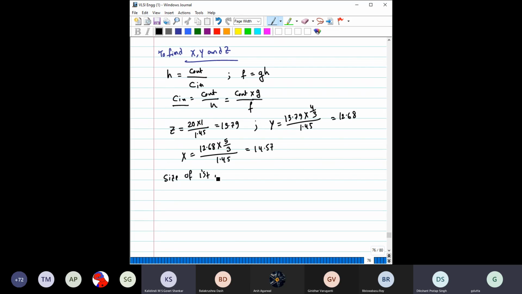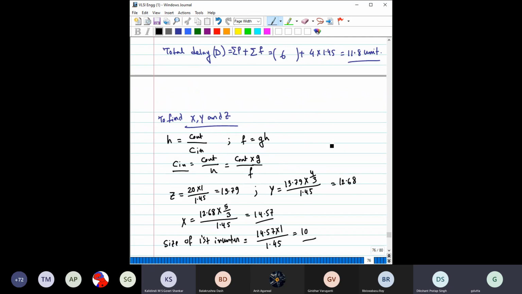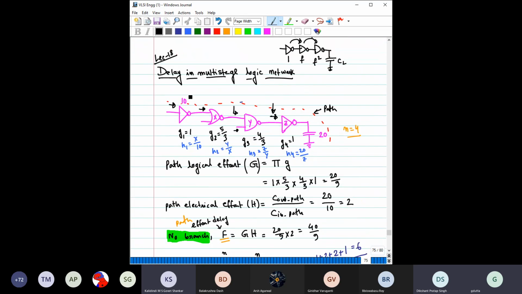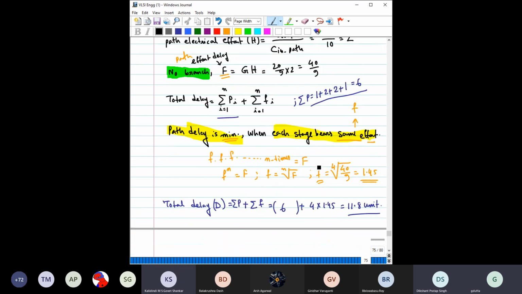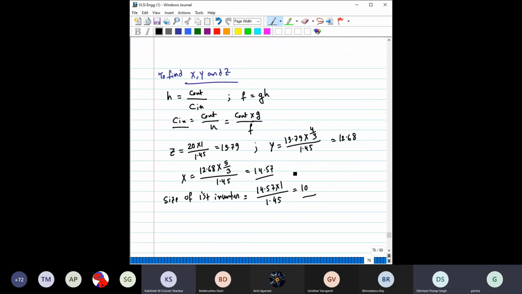This is the output capacitance the first inverter is driving. Its G value, the logical effort, is 1, divided by its F value, 1.45. You can clearly see that what you get is 10. The size has already been given here as 10. So you have just checked it in a reverse way, and we have found that this size is 10.